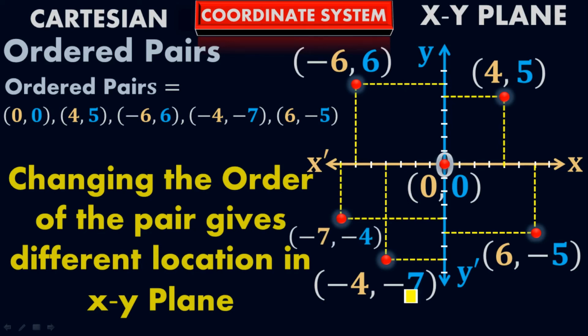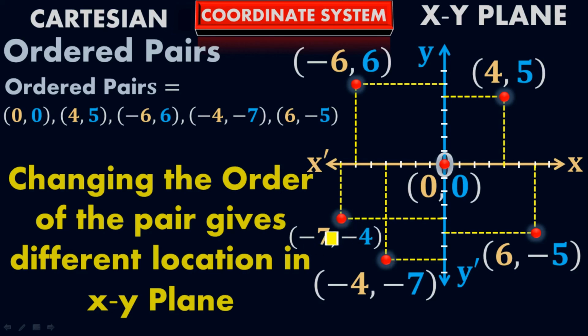What I did, I just changed the order of this ordered pair. This negative 7 becomes the value for the x now, and this negative 4 is now for the y. What happened when I changed the order? This point changes its location from here up to here.